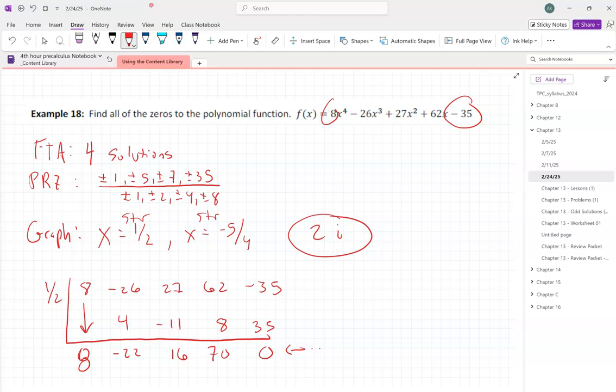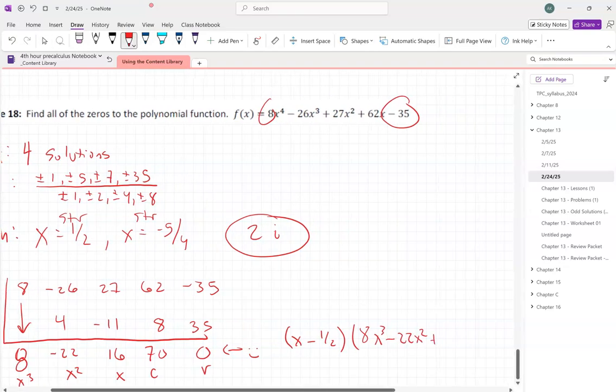So again, that worked. So my factored form is x minus 1/2 times 8x cubed minus 22x squared plus 16x plus 70.